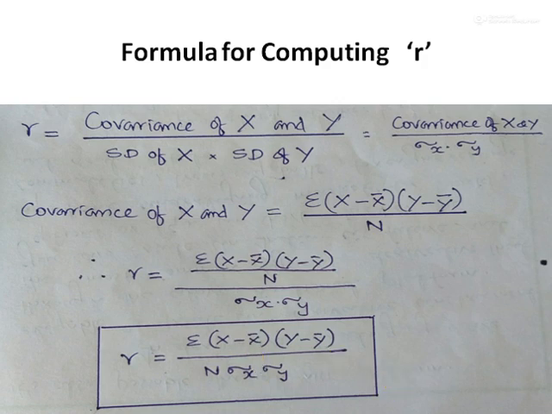Then we will get three different formulas for computing r, depending on whether standard deviation is computed by taking deviations from actual mean or assumed mean, or without taking deviations. Then the three formulas can be derived.